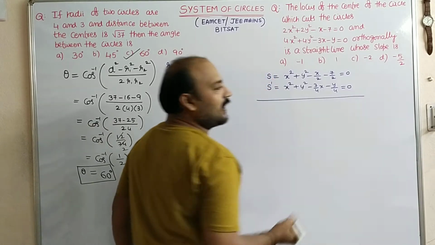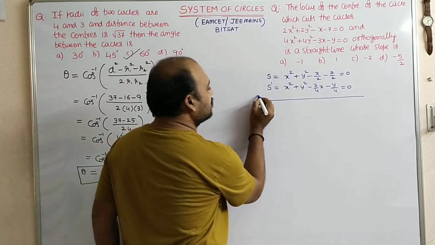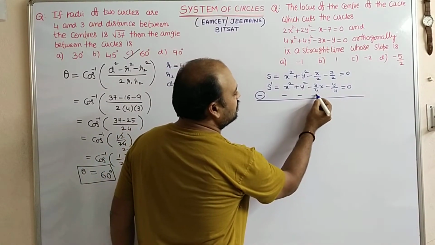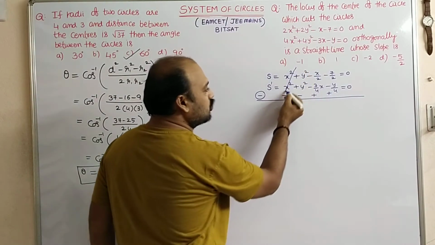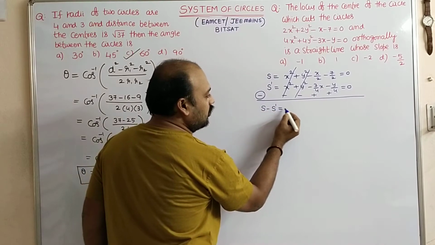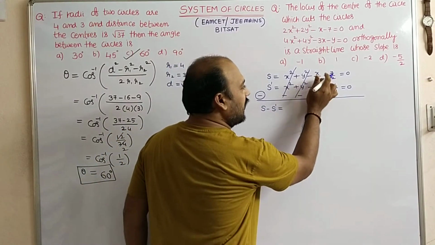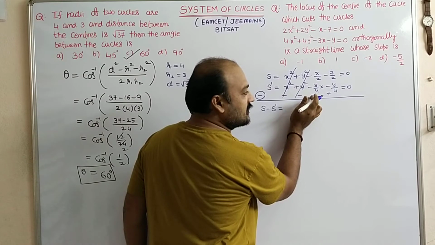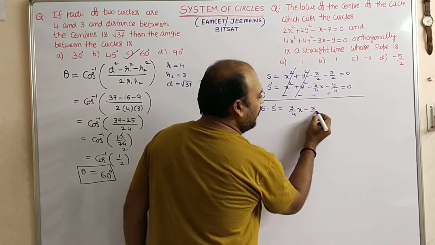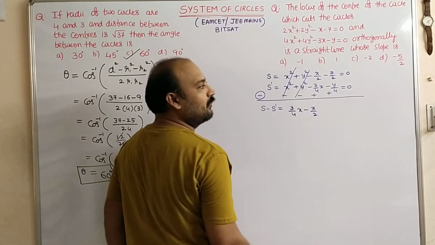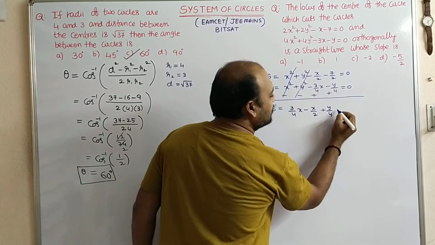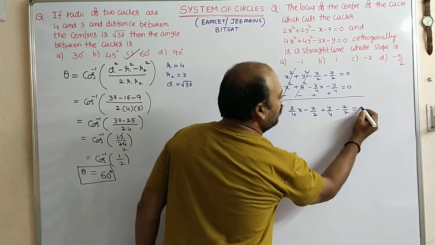So to get the radical axis, subtract one equation from the other equation. When you are subtracting, the signs change. So these two will be cancelled, these two will be cancelled. S minus S dash equal to minus x by 2 minus 3 by 4 x, here minus plus here. So 3 by 4 x minus x by 2. First I am writing the positive value. Next plus y by 4 minus 7 by 2 is equal to 0.